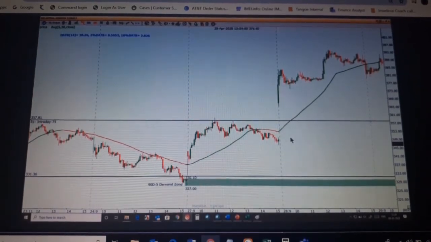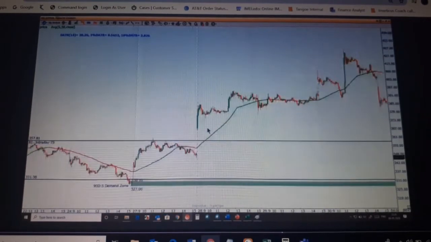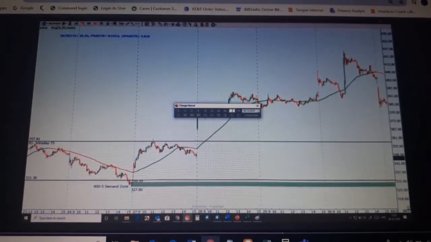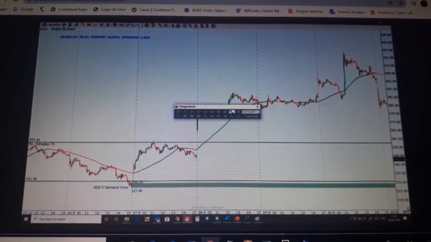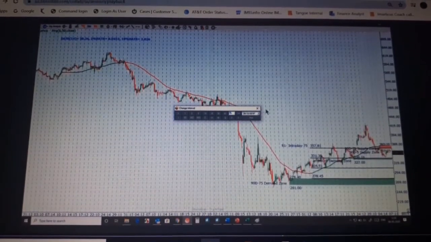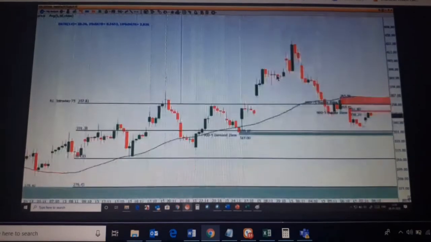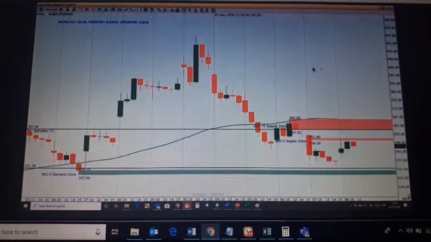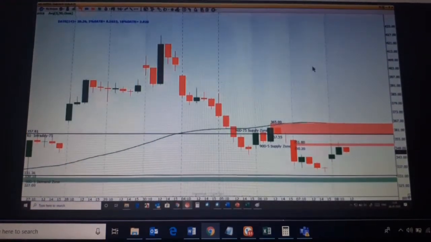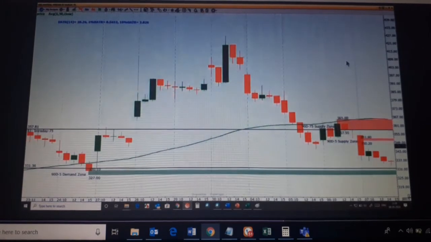Now this is a 5-minute chart only. Now you go again to the higher time frame chart and see where these demand and supply zones on the 5-minute chart are located. So where is the supply zone located?